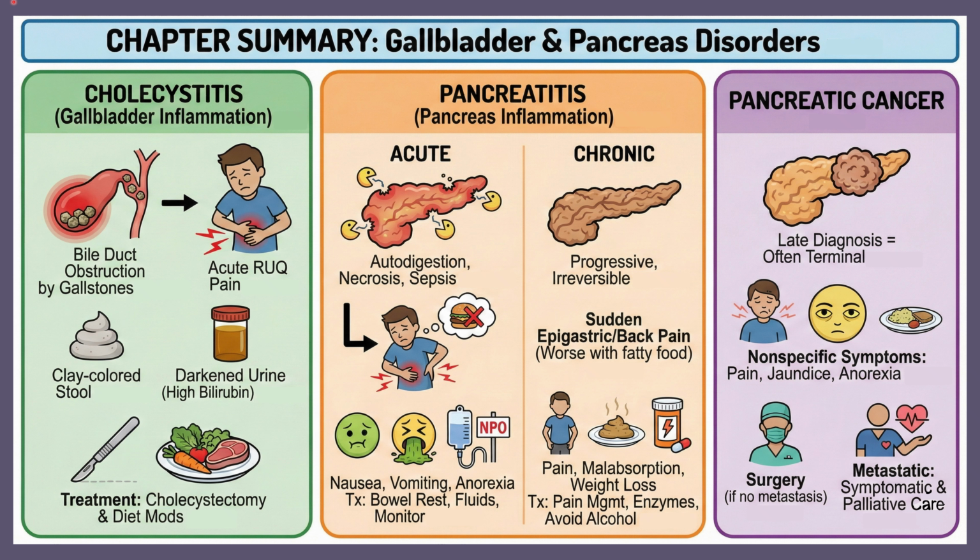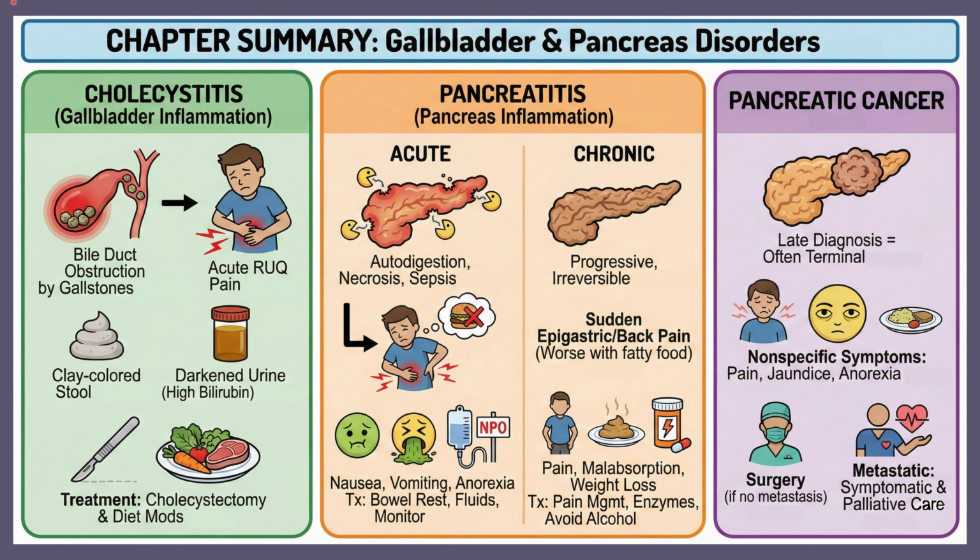In acute pancreatitis, the evolving evidence-based practice, particularly the shift towards early enteral feeding over prolonged NPO status, demonstrates the dynamic nature of clinical guidelines. Nurses must remain current with research to provide optimal care.